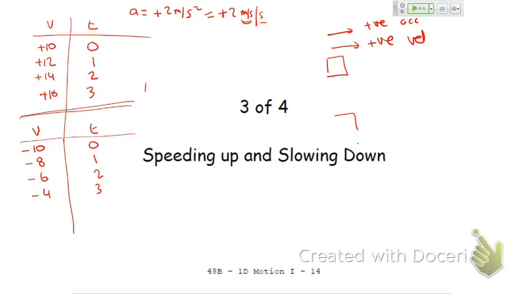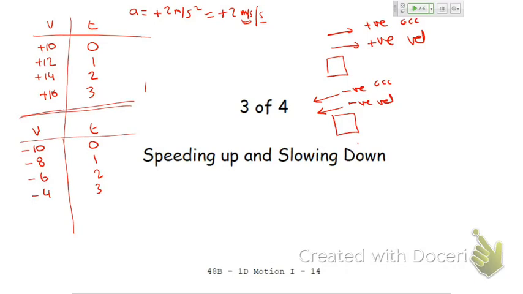If I have a negative velocity and a negative acceleration, I will speed up while going in a negative direction. It's when your velocity and the acceleration have the same direction, you speed up. So positive with positive, negative with negative, you speed up. In one case, you're speeding up going in a positive direction, and in the other case, you're speeding up going in a negative direction.